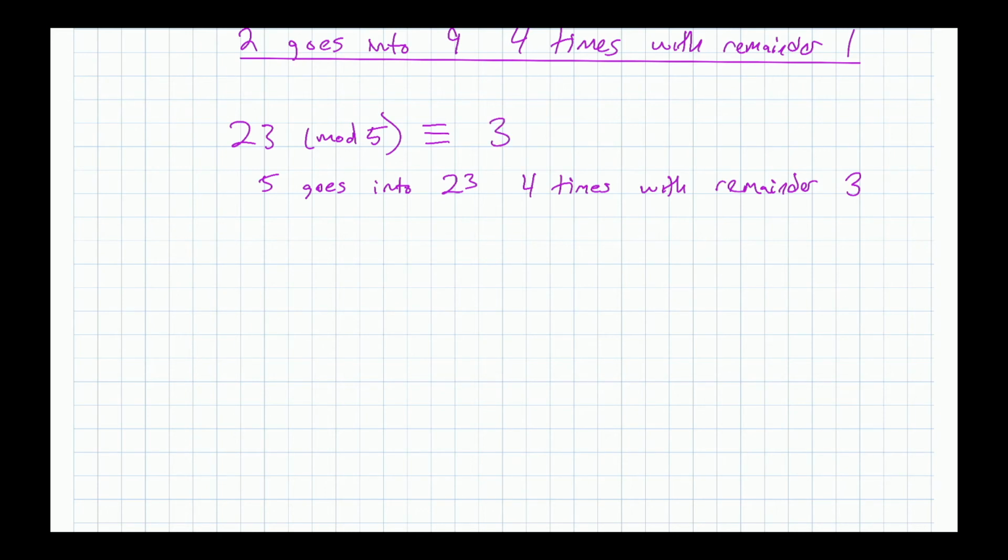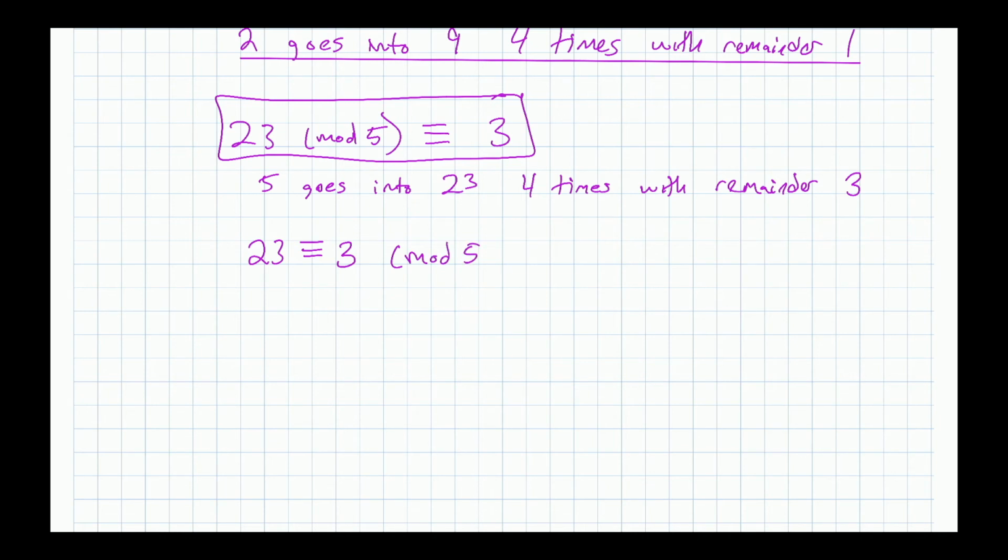A lot of times you're not going to see it written this way. The mod 5 that's written here doesn't matter where it is. So 23 mod 5 is congruent to 3. A lot of times you'll see it written as 23 is congruent to 3, and then they'll write mod 5 at the end. That's the same information. As long as you know that you're talking mod 5, or modulo 5, then you know what you're talking about.